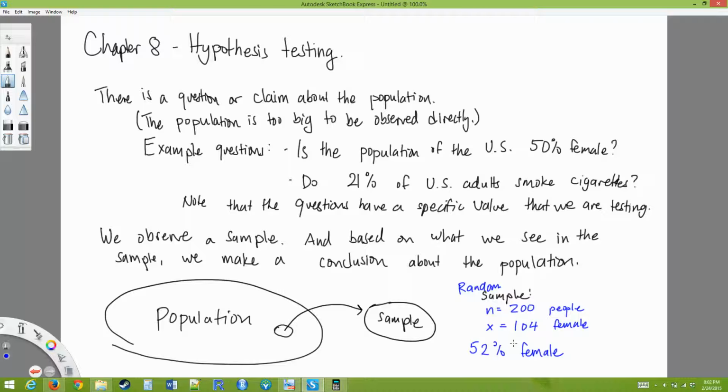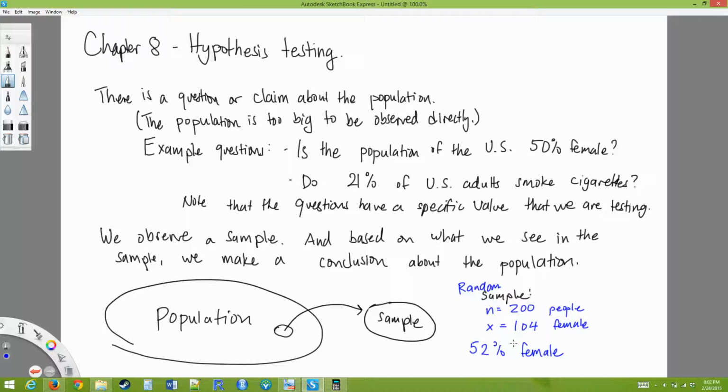All buildings that serve both men and women need to have more female bathrooms because the United States is more than 50% female. I mean, this is ridiculous, right? But just imagine we're going in this direction. So you need to decide, well, do we have evidence that the U.S. is more than 50% female or not, okay?